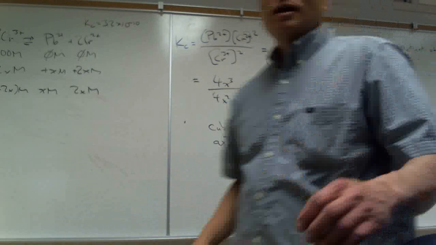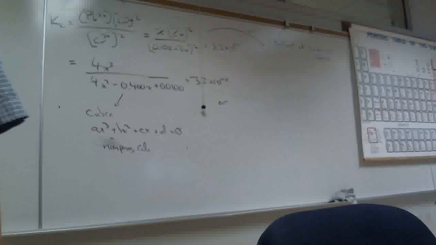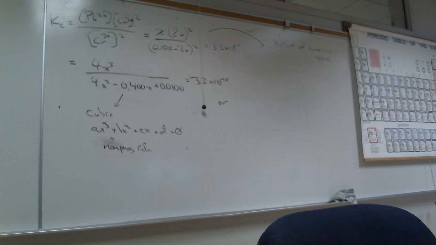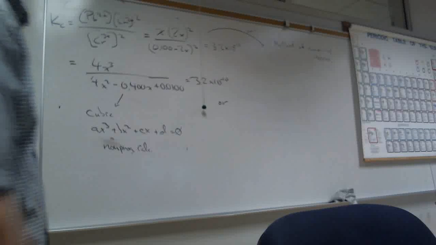All right, so how many of you have not used the method of successive approximations? The method of successive approximations is just a fancy name for guess and check method.